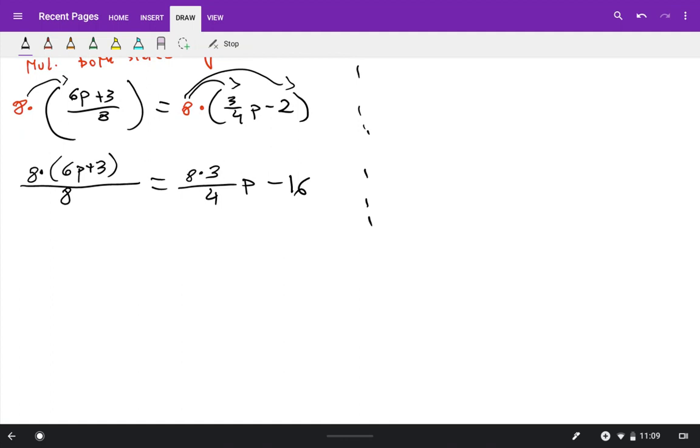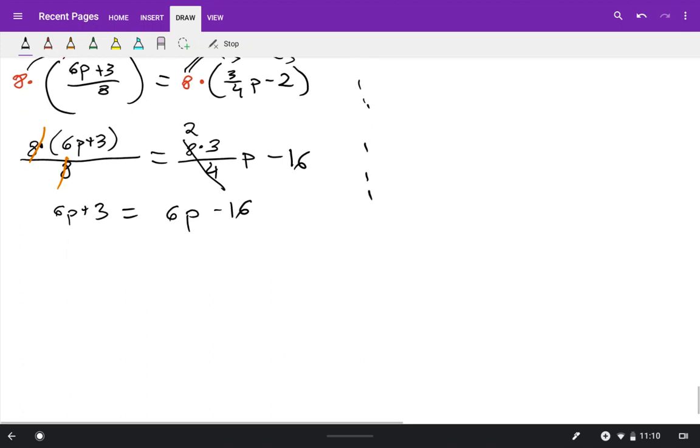Before you start distributing, you can see that you can cancel the 8s. So we have just 6p plus 3 equals 8 divided by 4, which gives you 2, 2 times 3 gives you 6p, minus 16.